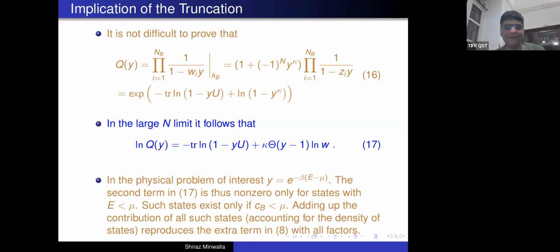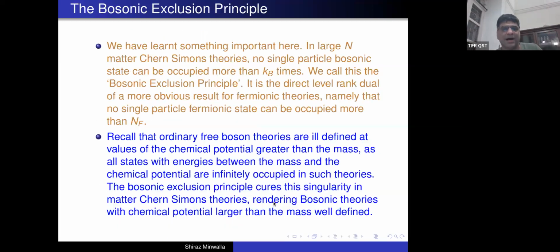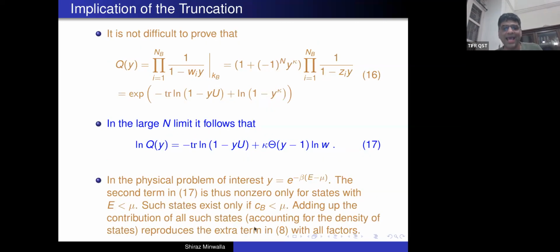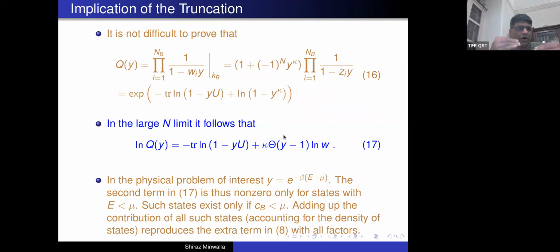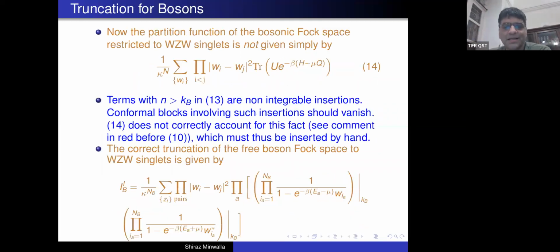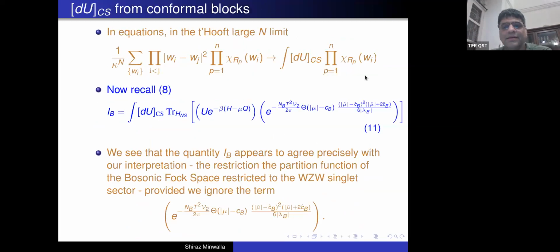All such states only exist when you've taken the chemical potential and made it larger than the mass. So now when you add in this effect and sum over all states such that the chemical potential is larger than the mass, and do it carefully, you end up recovering this factor.